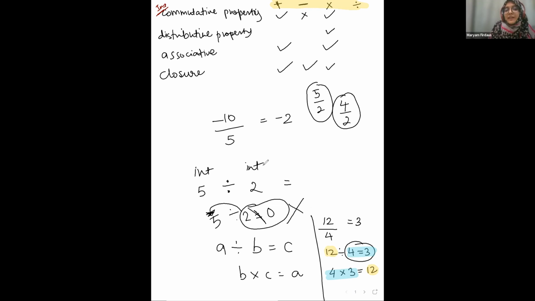So you see, 5 divided by 2 is a number which does not come under integers. Why? Because 5 divided by 2 is equal to 2.5. Let me explain it this way. Let's say you have 4 pieces of chocolate.